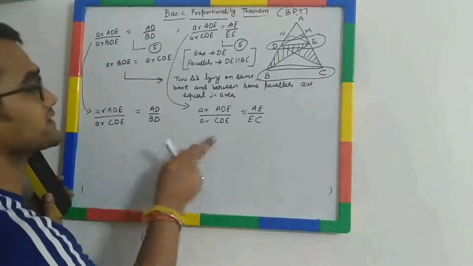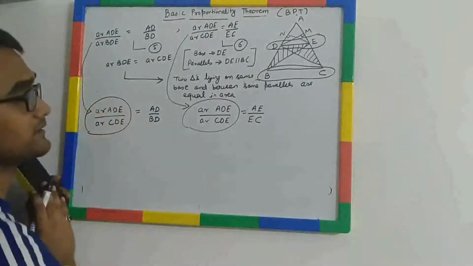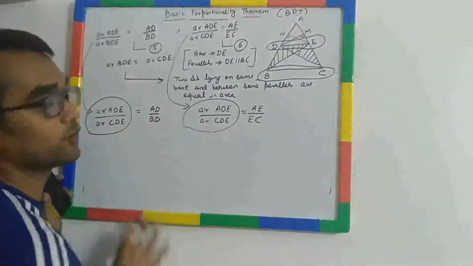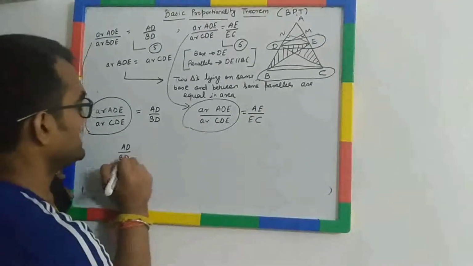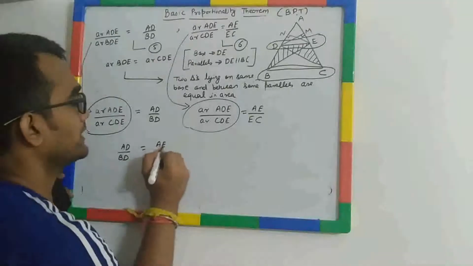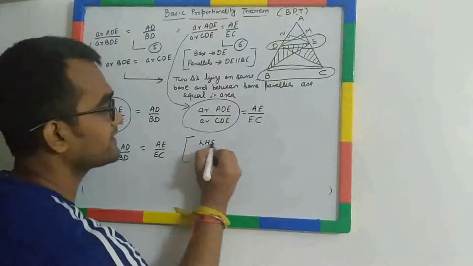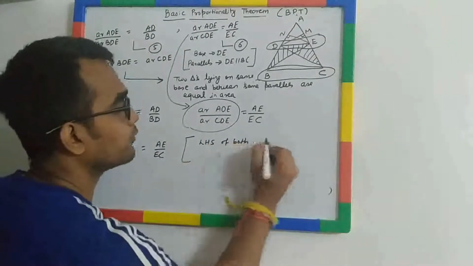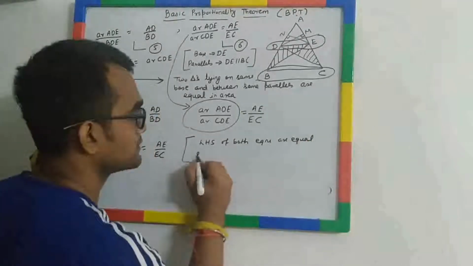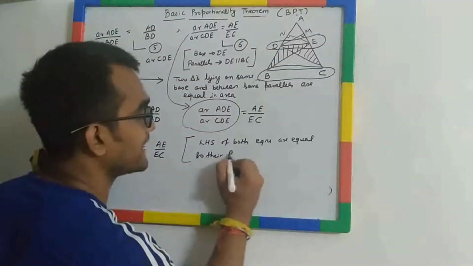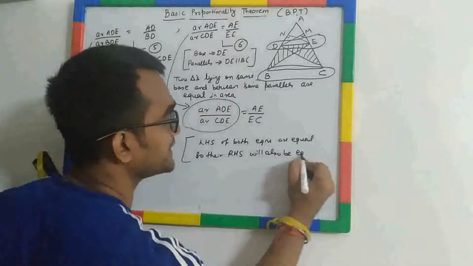From these two equations, the left hand sides are equal, as you can see. So their right hand sides will also be equal. So AD upon BD will be equal to AE upon EC.